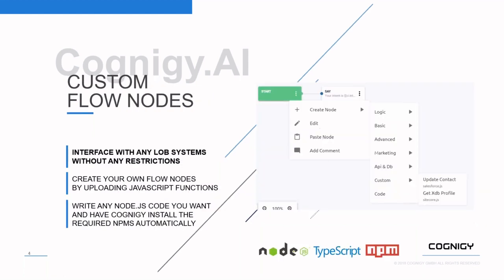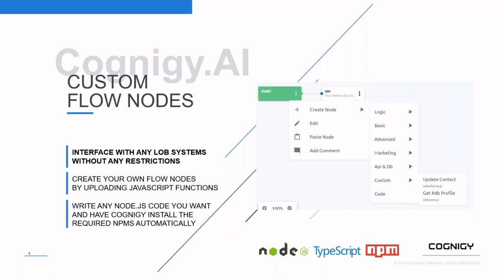In Cognigy, we focus a lot on integration with existing line of business systems, so ERP systems, CRM systems, experience databases, and so on. Previously, until this version here, you could integrate with those systems using HTTP calls or database requests of various kinds. What we've introduced here now is what we call custom flow nodes.